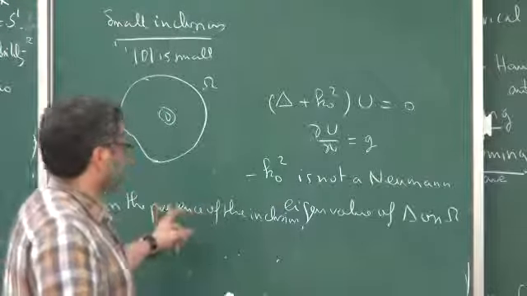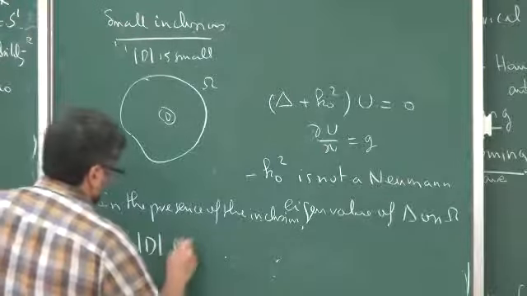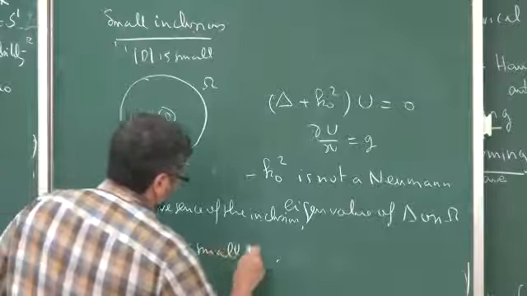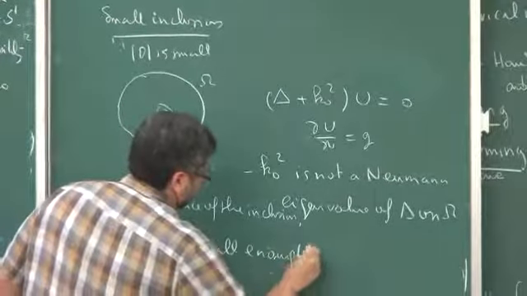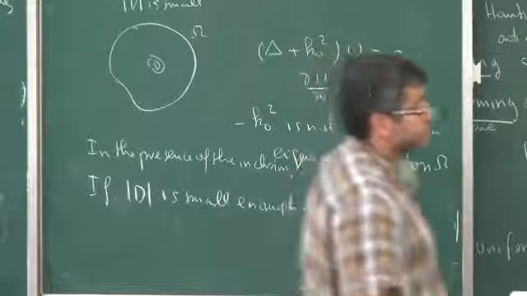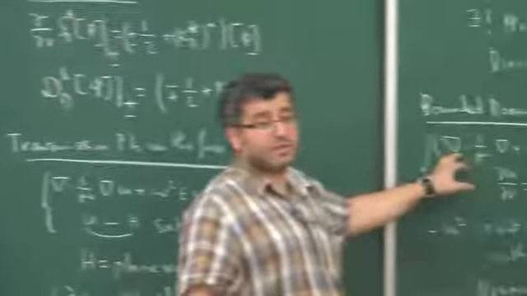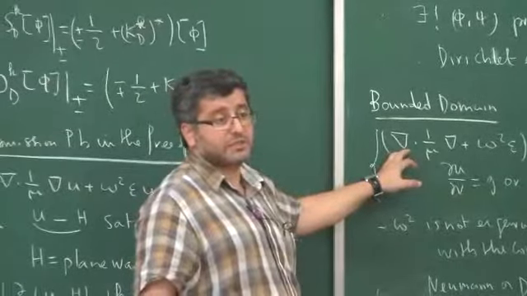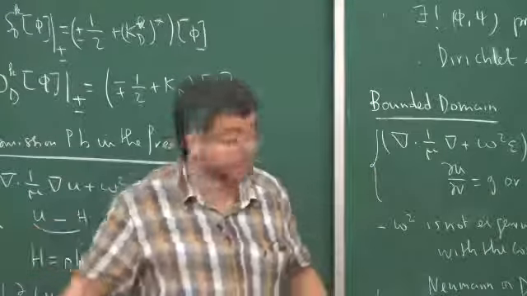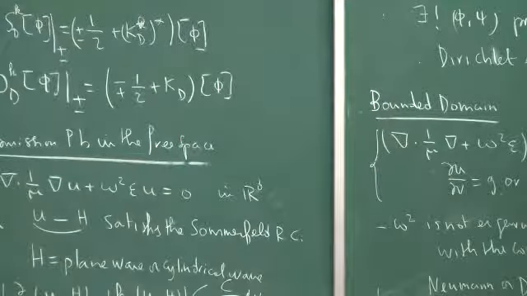And we can prove that if the size is small enough, then this problem has a unique solution, if minus k square is not an eigenvalue of the Laplacian with Neumann boundary condition on omega, and then the problem is well posed.